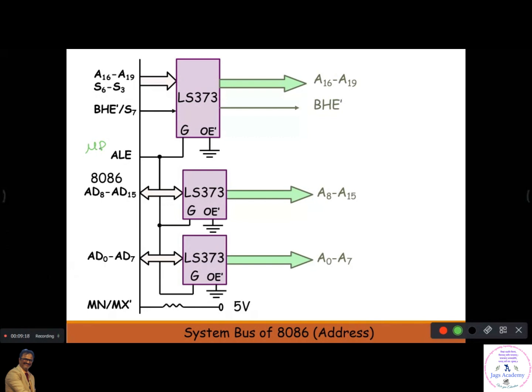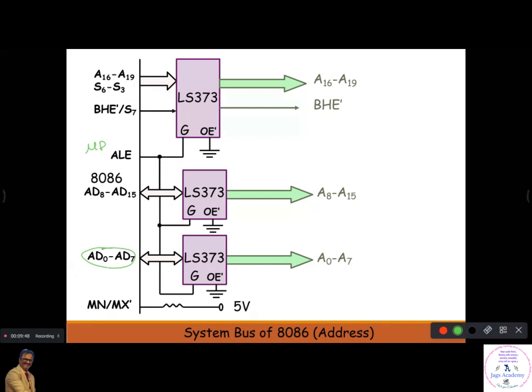In the microprocessor side, your address data bus is actually multiplexed. Why am I separating it into a bunch of 8 bits? Because my devices can take only 8 inputs. I may have 16 data lines, so to demultiplex 16 lines I require 2 octal latches.